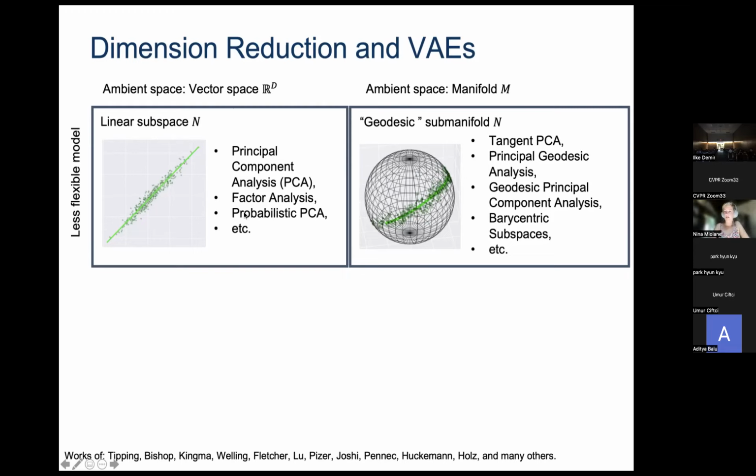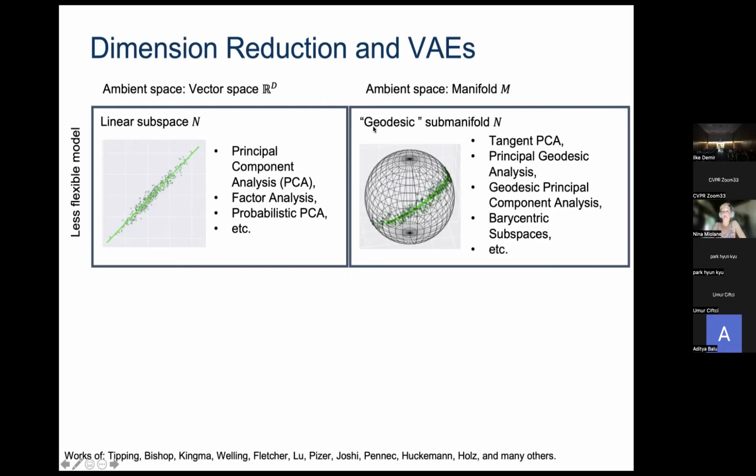You have different dimension reduction methods that work like this, that wish to learn a linear subspace within a linear space. In the manifold world, we remember that a linear line is converted to a geodesic.